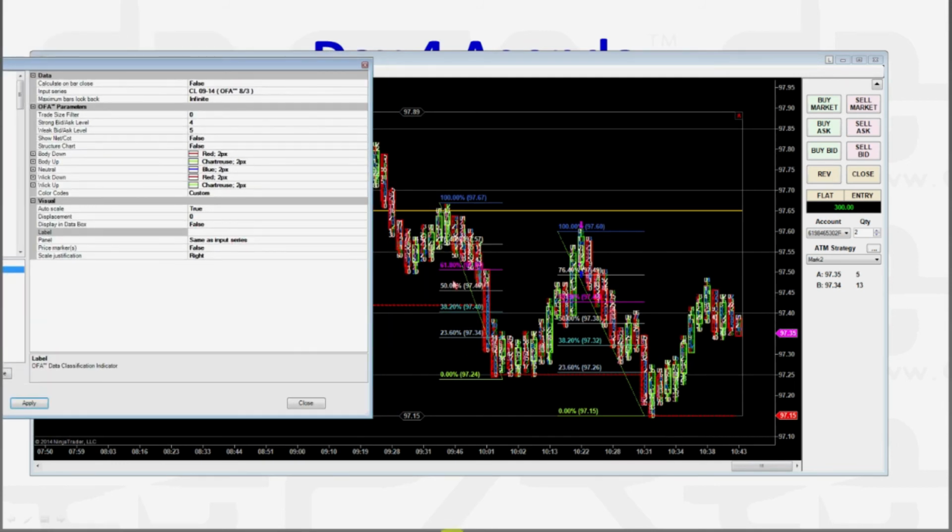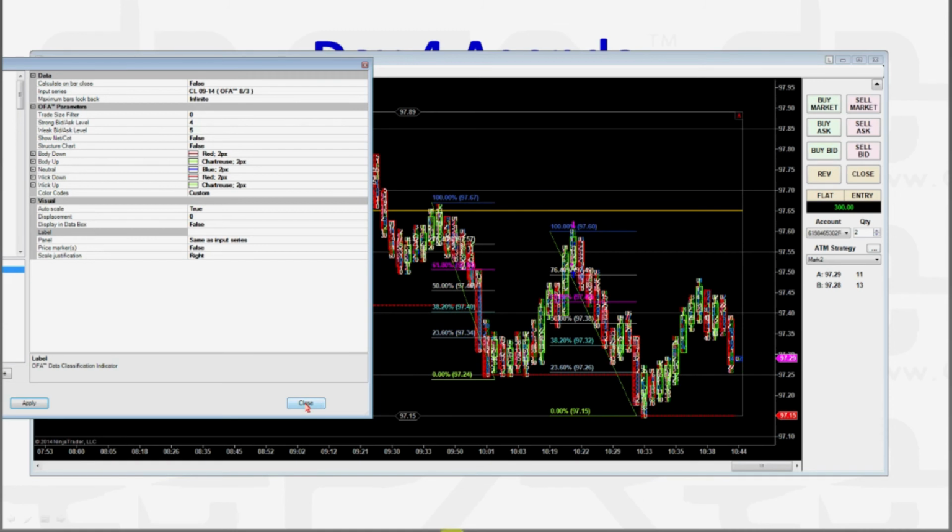I would be interested in seeing if that level that got me into the trade changed with this higher setting. So with oil and TF, my strong bid ask level is 4-5 or 5-5. Okay.